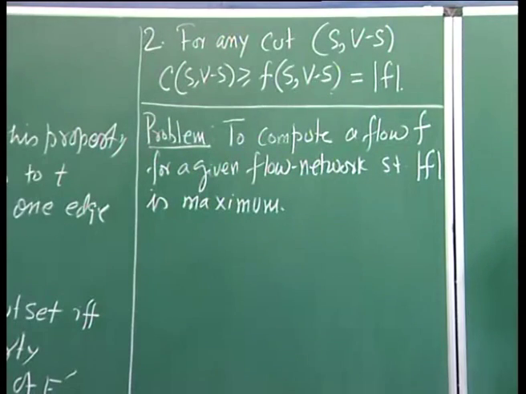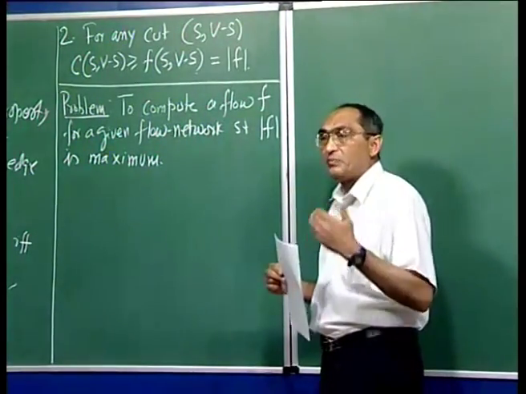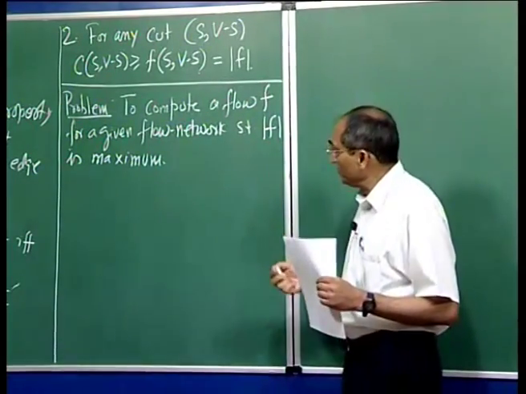Now, in order to compute such a flow, what we need is to characterize what property of flow, which is decidable in a local computation, says that the F is maximum.